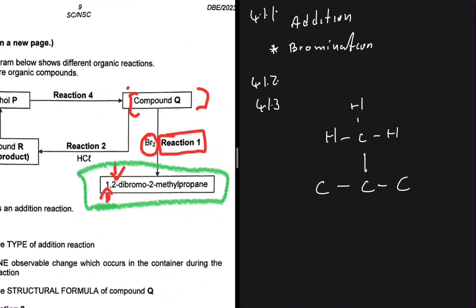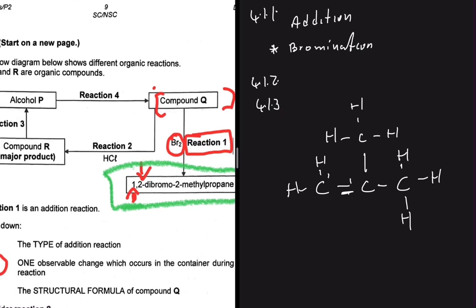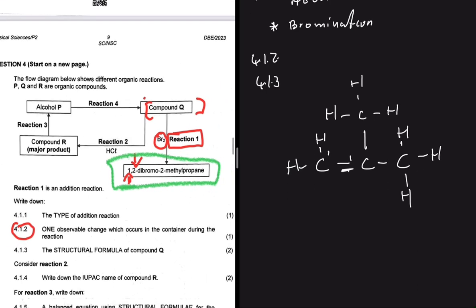So there used to exist a double bond there before we added Br2, so we're going to have a double bond here. Everywhere else we can fill out with hydrogens, since it's saturated. 1, 2, 3, 4, that one is okay. And the one in the middle, 1, 2, 3, 4, that one is also fine. So yes, this is the structural formula of compound Q.